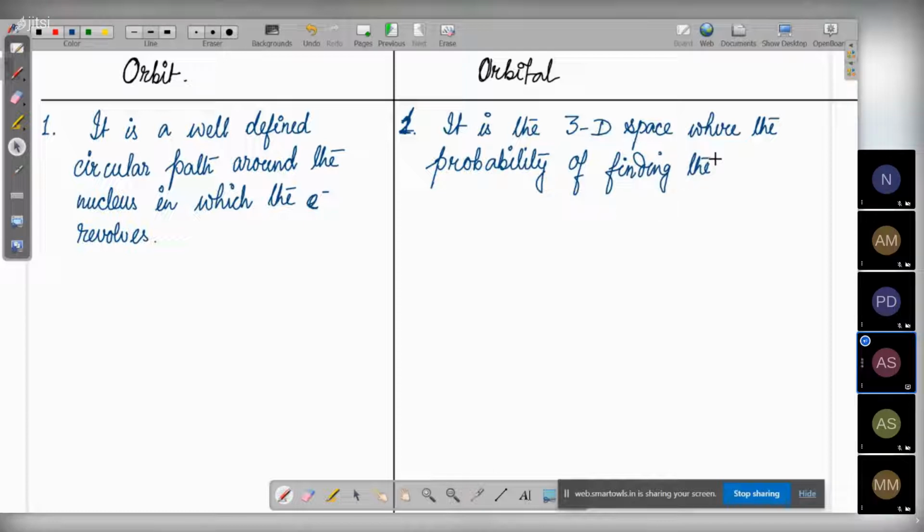Closer the dots, as we saw yesterday, higher is the probability of finding the electron. Further the dots, lesser the probability. So an orbital is basically a probability region.